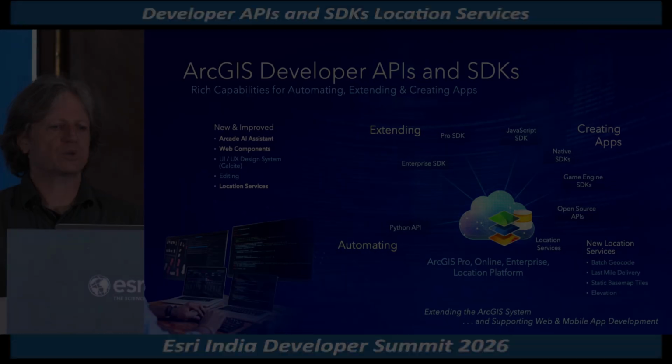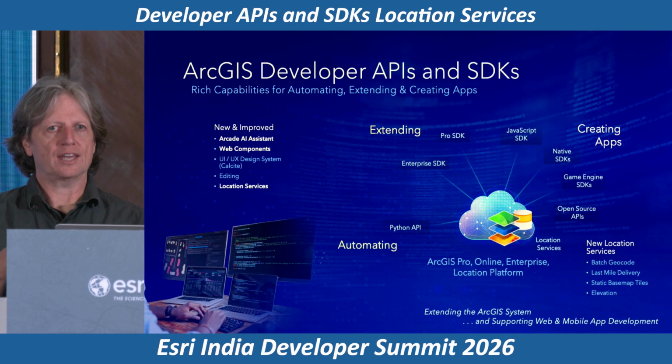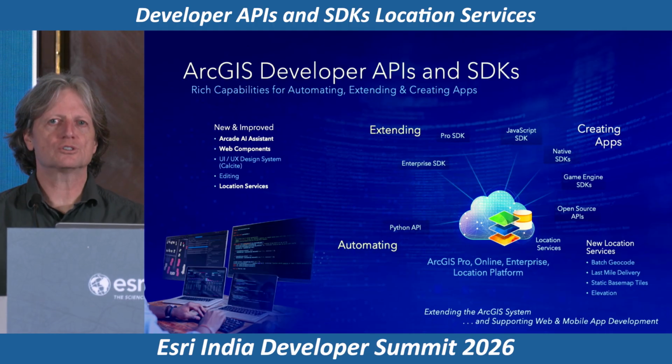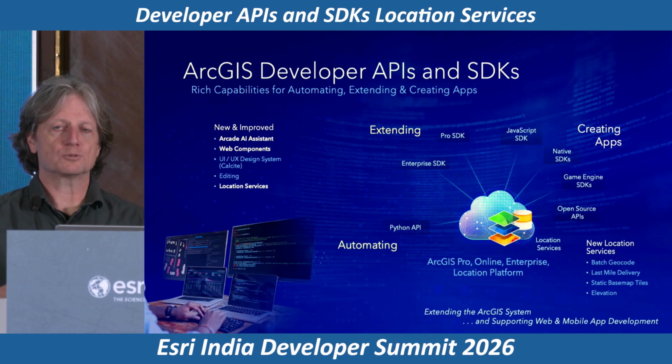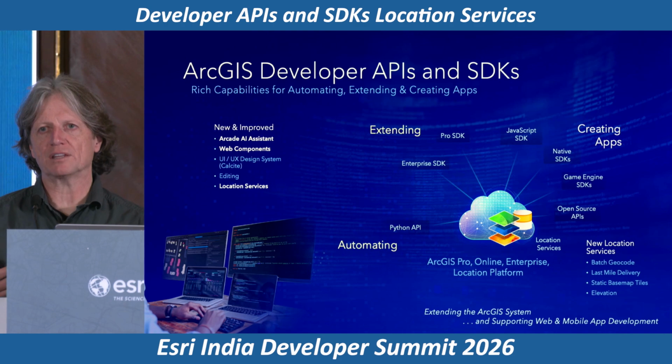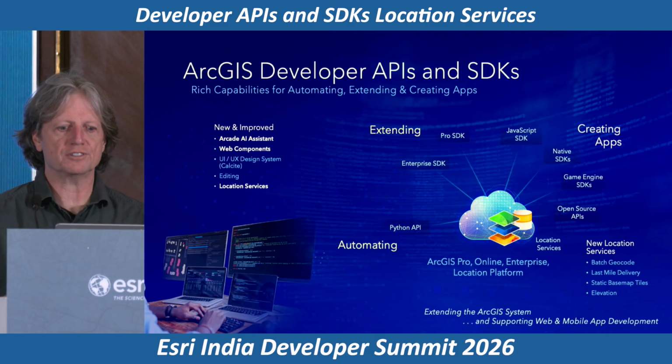And we're going to start with our developer APIs and SDKs. Specifically, the APIs and SDKs that we use to build custom-focused applications or to automate the experiences of ArcGIS through the Python API. So you can automate through Python. You can extend ArcGIS Pro to build a desktop application that has a more focused feel to it.